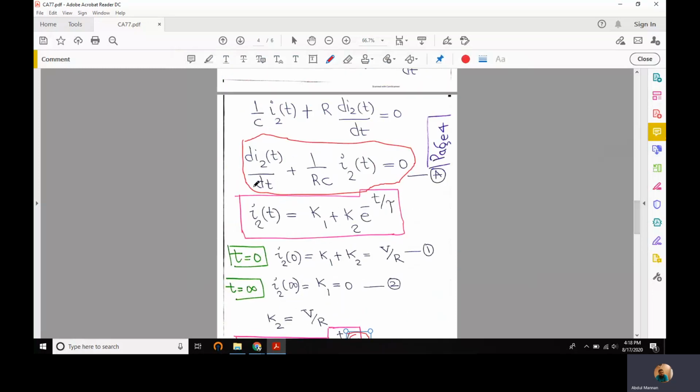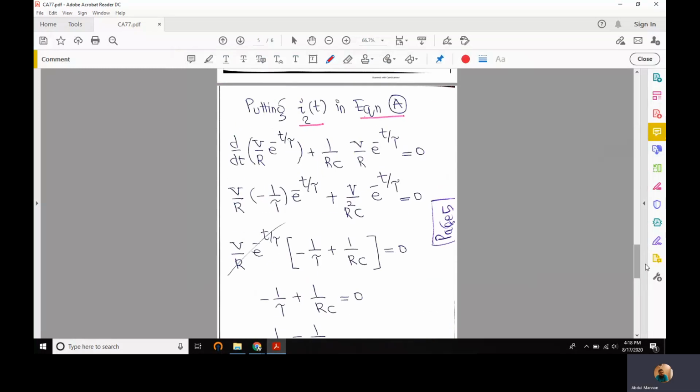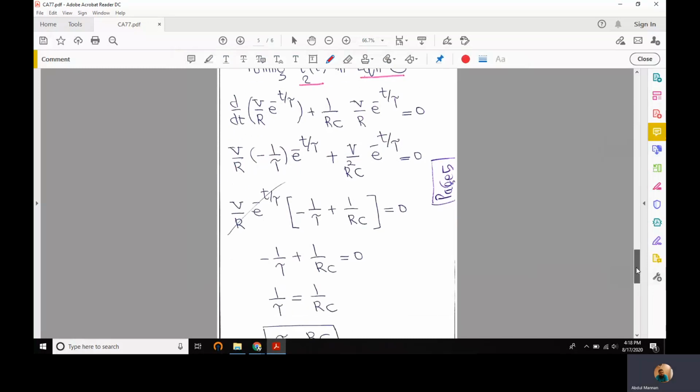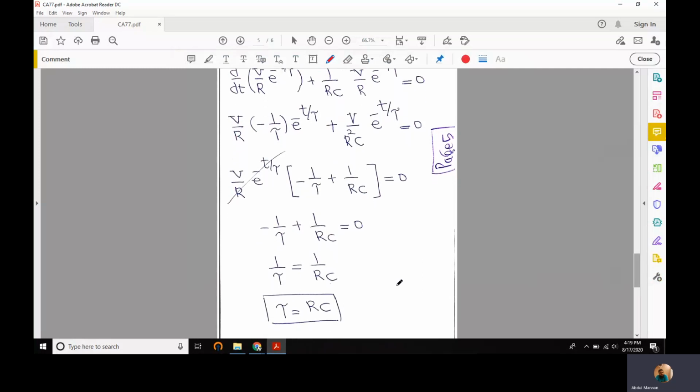This one, the initial equation for which we assumed this general solution. So we'll put I2 of t here, and we'll compute our derivative, and then we'll put I2 of t here. We'll keep on solving until we reach this point.